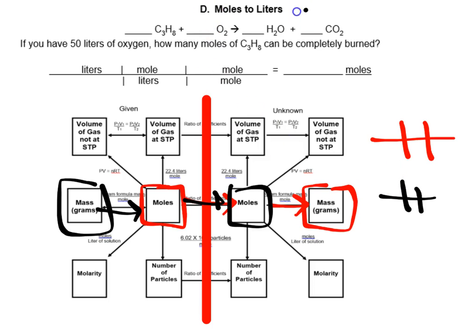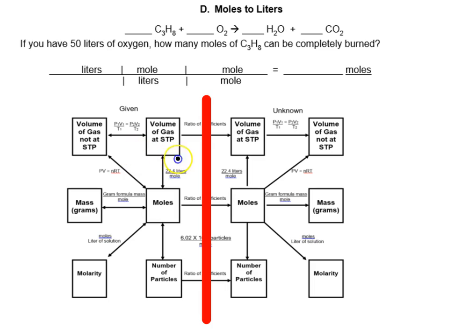Okay, the next step we're going to do is called moles to liters. And now it isn't quite as intuitive, so we'll use this map, and we are going to use this constant. This constant says if you have a mole of anything as a gas, it will occupy 22.4 liters.